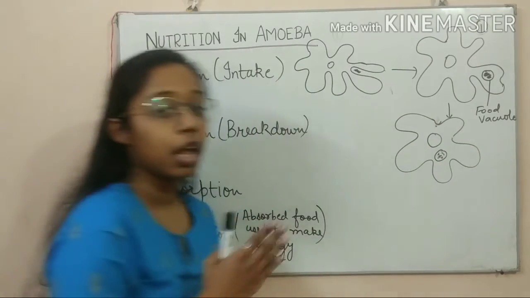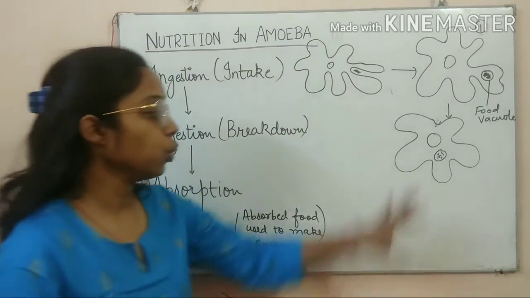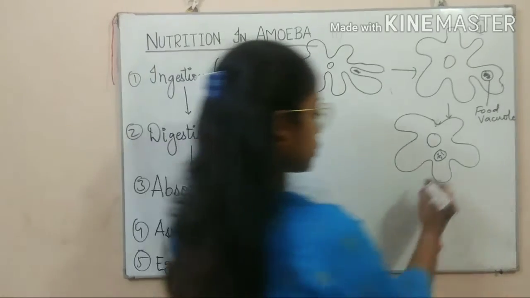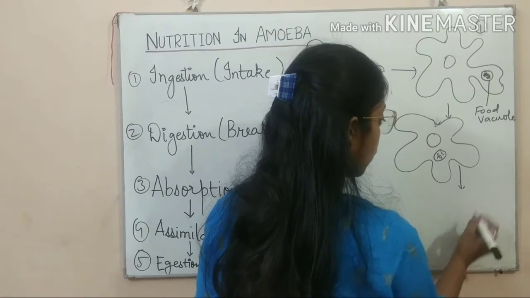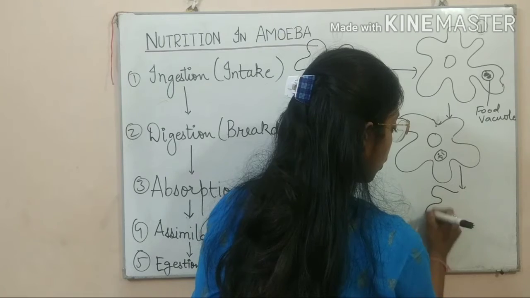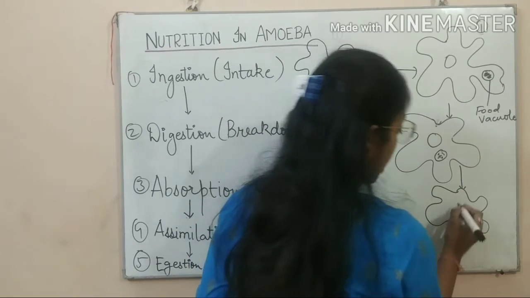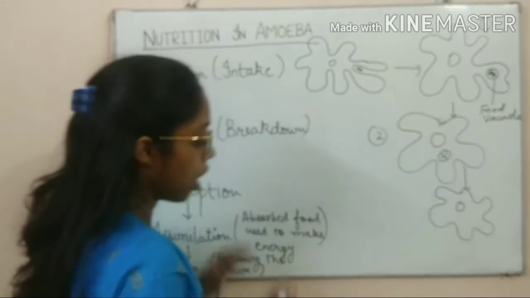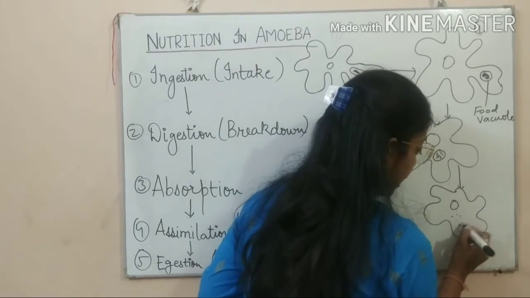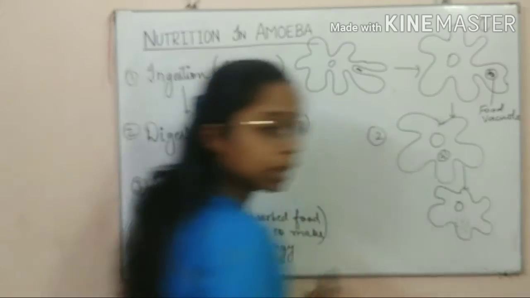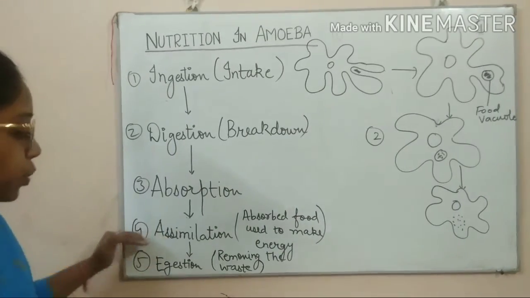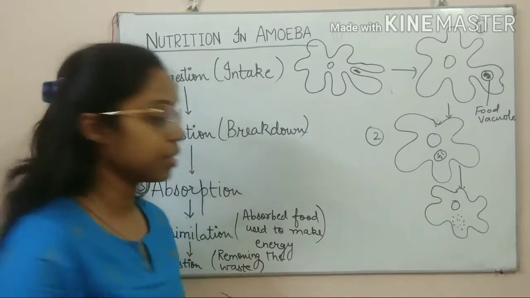That means it will get broken down into smaller pieces. After digestion, what will happen? The food will absorb and assimilate. So this is second. After this, the food will be absorbed and then it will give energy to the organism.